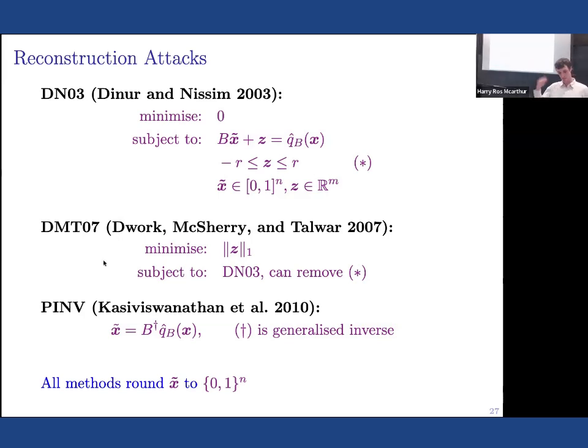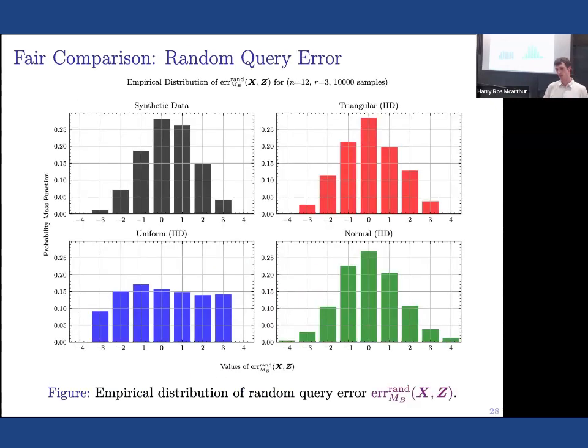The other attack is we use this pseudo-inverse method. Basically, you take the generalized inverse of a matrix and it solves a least squares optimization problem to give you a candidate database. Just to make sure that I'm not cheating too much with my comparison, I'm randomly selecting a query uniformly at random, and I'm making a histogram of the error that query would give.